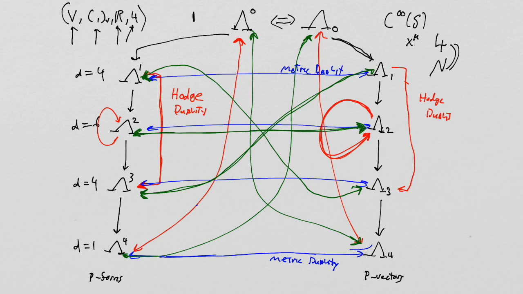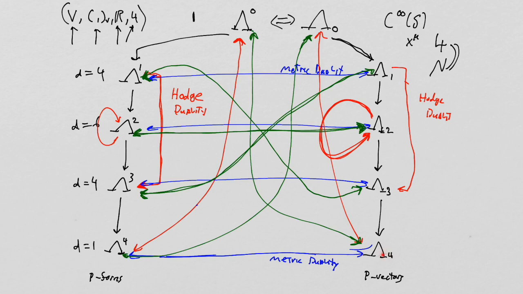So the Hodge duality is an isomorphism between the pth exterior power and the n minus pth exterior power, right? So that is this guy right here, these red lines, pth exterior power to n minus p.